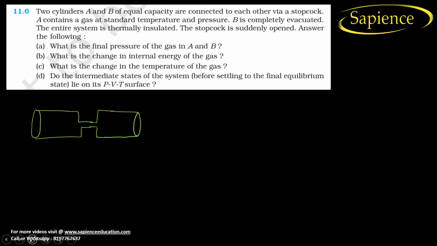A contains a gas at STP, that is standard temperature and pressure, so the pressure will be 1 atmospheric pressure. Let us suppose it has volume V, so B will definitely also have volume V.